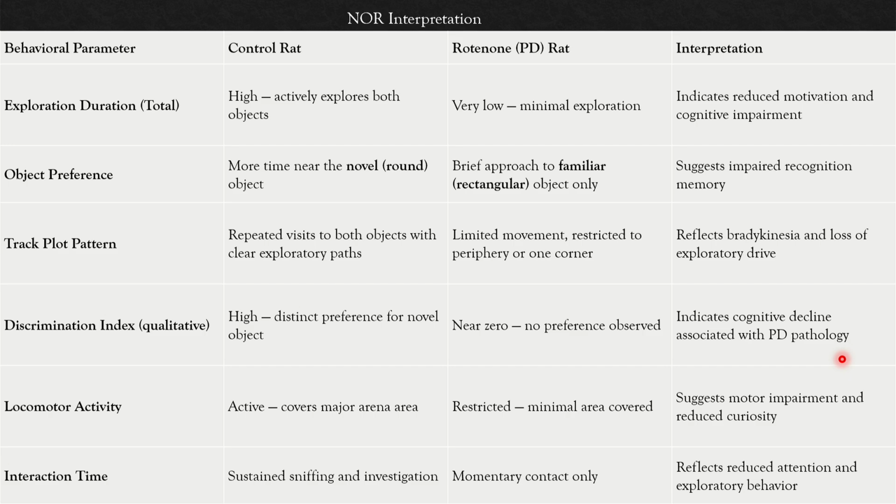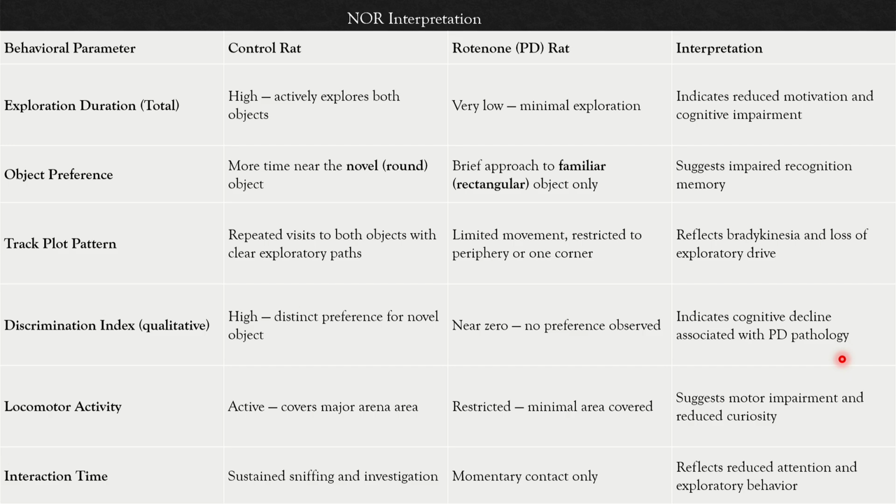The object preference in control rats will be that the rat will be spending more time with the novel object rather than the familiar object. But in PD rats, there will be a brief approach to the familiar object only.